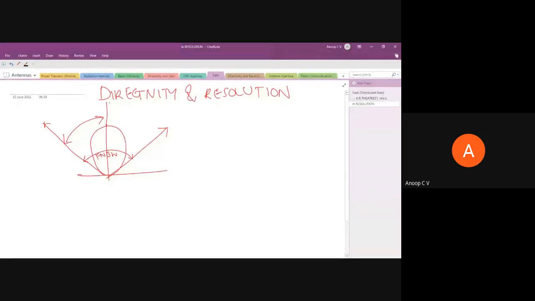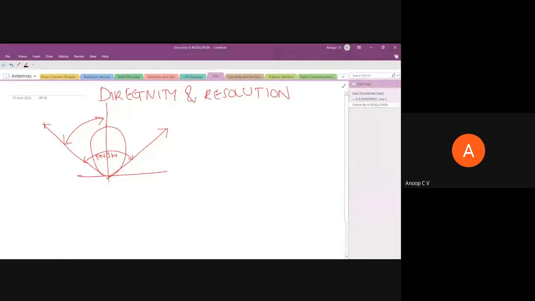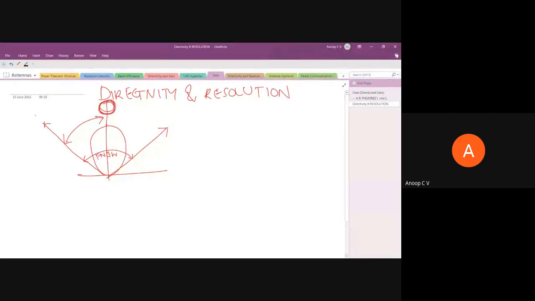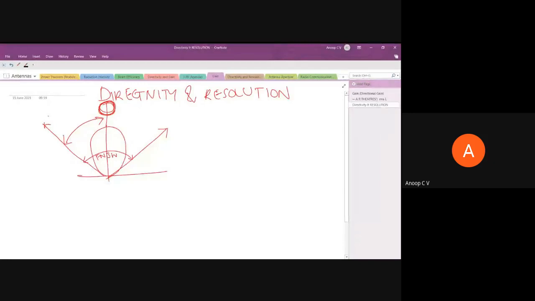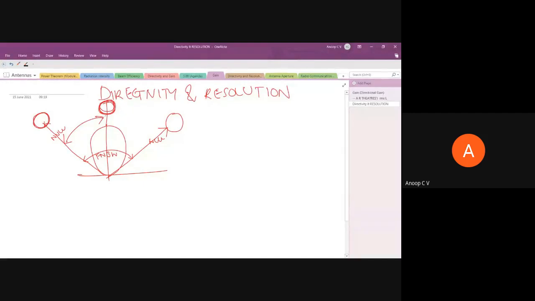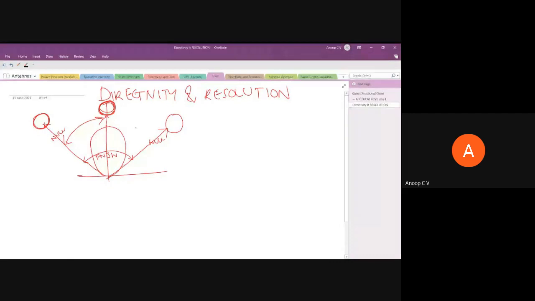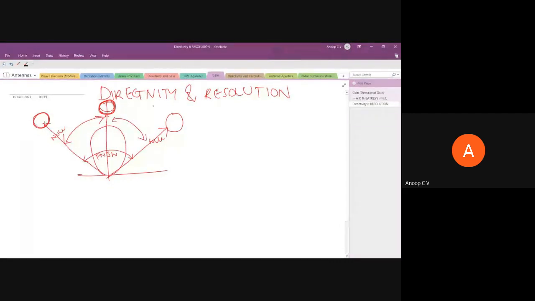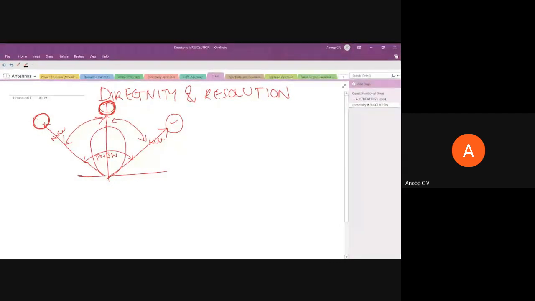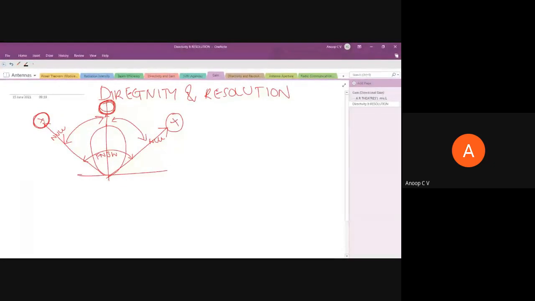Why? Because if there is a satellite along its main beam, and the adjacent satellites are placed along the nulls of the antenna, this antenna can resolve or differentiate between them, or else those satellites cannot give any interference to this particular antenna.